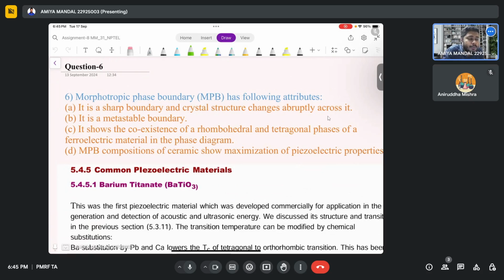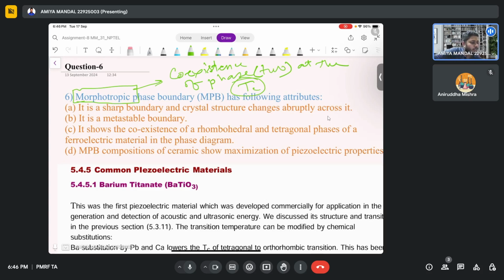The two phases, rhombohedral and tetragonal, are coexistent. It is mainly seen in lead zirconium titanate. This morphotropic phase boundary is nothing but the coexistence of two phases at the transition temperature, Tc.